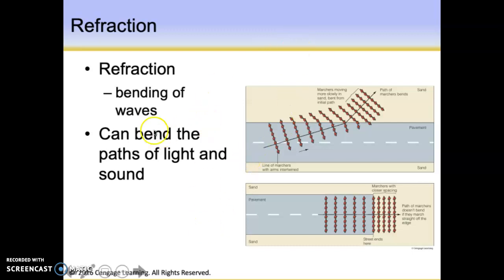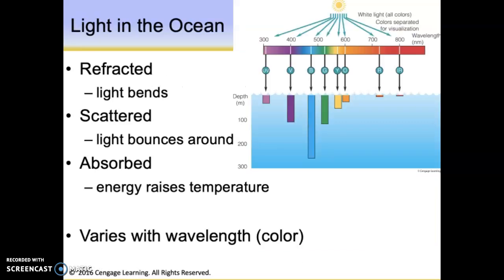So light will bend, or refract, when it goes from one substance to the next. And sound will do the same thing. So variations in the water will cause the light to bend, just as it shows in this picture here. So light will bend and sound will bend. Keep that in mind. But let's talk about what light actually does when we're in the ocean.